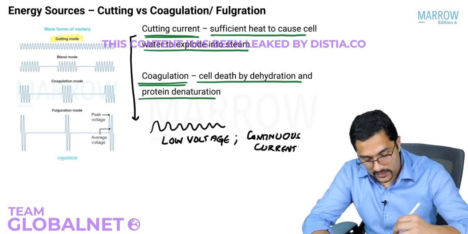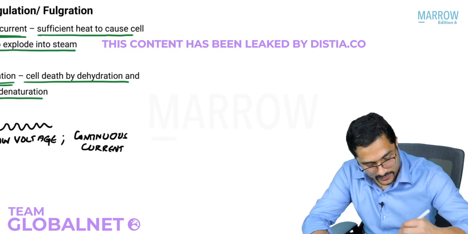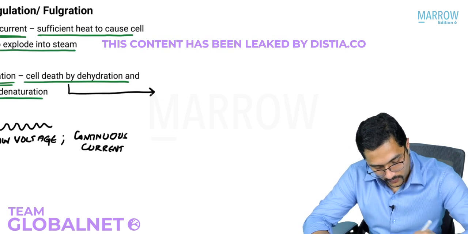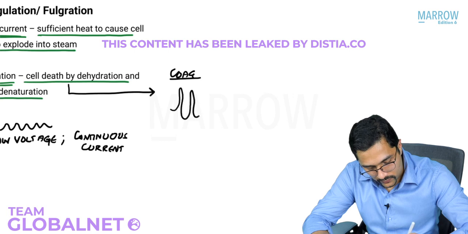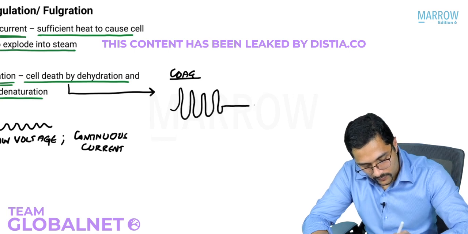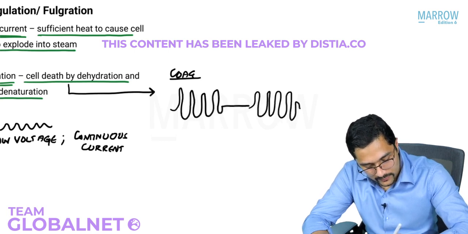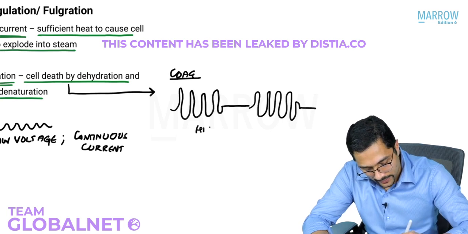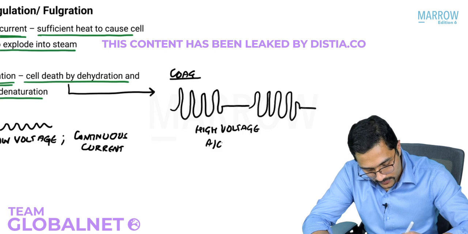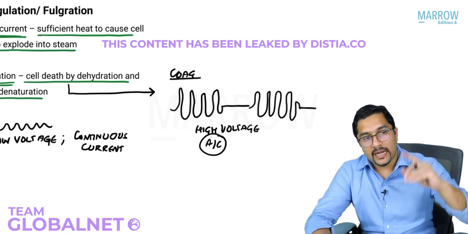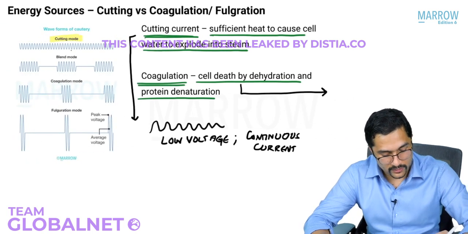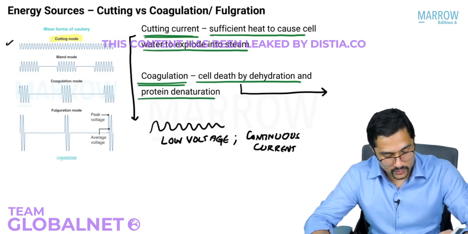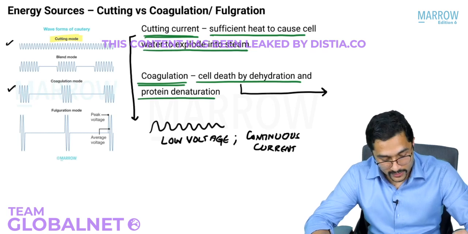Whereas in the coagulation mode, there is high voltage alternating current, right? So there are gaps in between, and there is high voltage in coagulation, right? So you can see the waveforms here. Cutting is continuous, coagulation is high voltage alternating current.